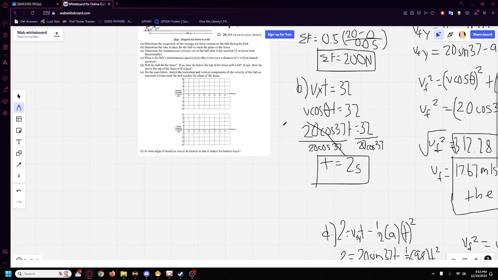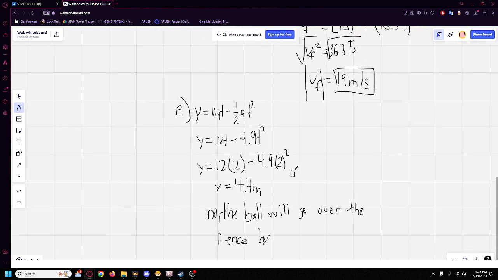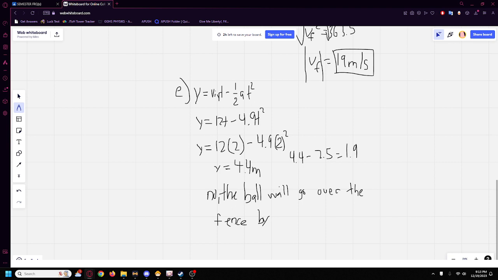It asks how far above the top of the fence, so to find it, we subtract 4.4 minus 2.5, which is equal to 1.9, so it'll go over the fence by 1.9 meters.